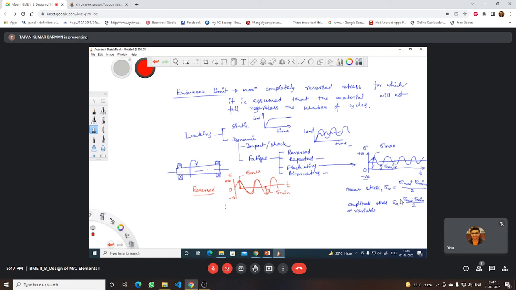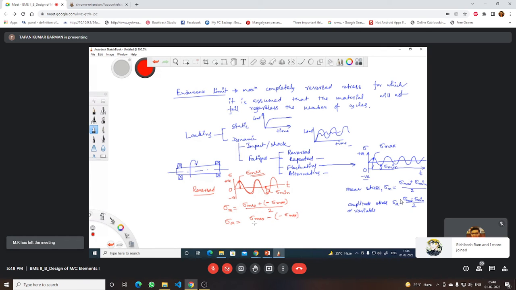Now here if I try to calculate mean stress, sigma max plus sigma min, but the sigma min value is basically negative, though the magnitude is the same. So the mean stress value should be 0, and the amplitude stress is basically sigma max minus sigma min by 2, which is sigma max.